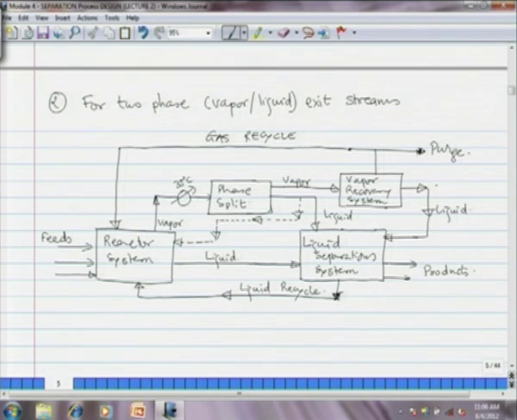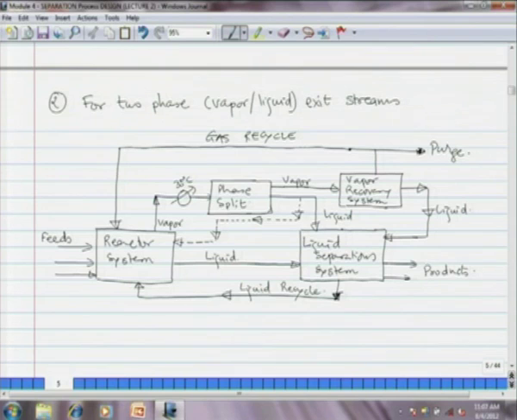The vapor recovery system will again generate liquid, because you have to recover that vapor, that solute vapor, in some solvent, and then the solvent has to be recycled after recovery of the solute. That separation or recovery of solute from solvent is again by distillation. From the vapor recovery system, you see a stream that is coming to the liquid separation system.